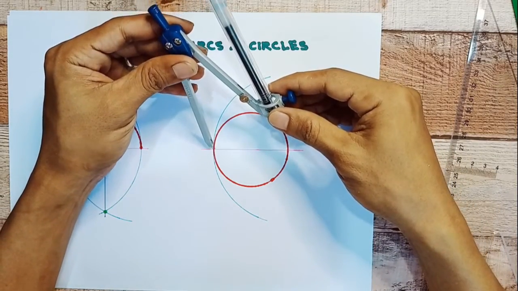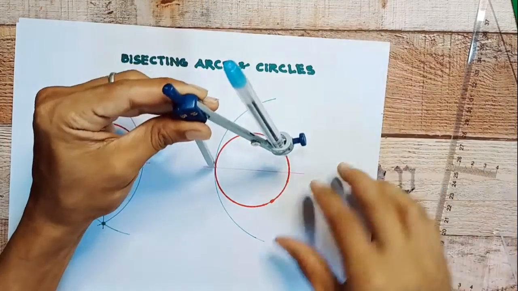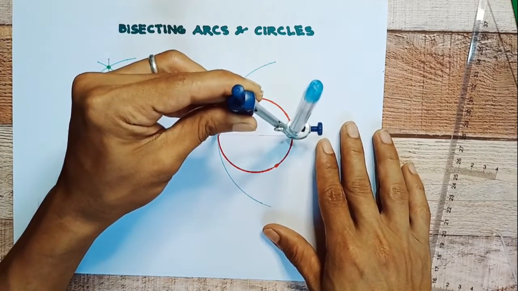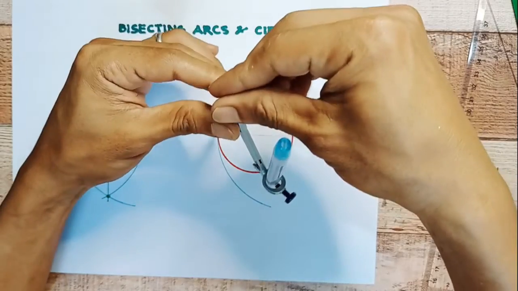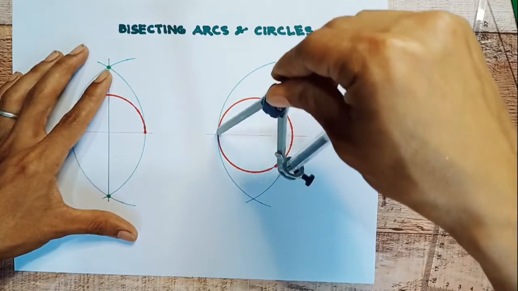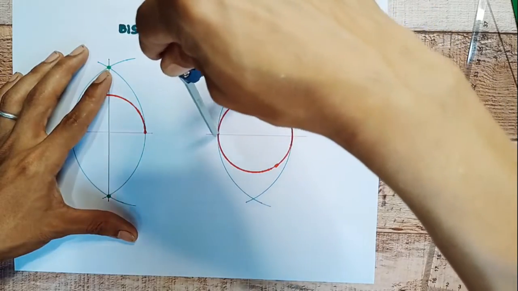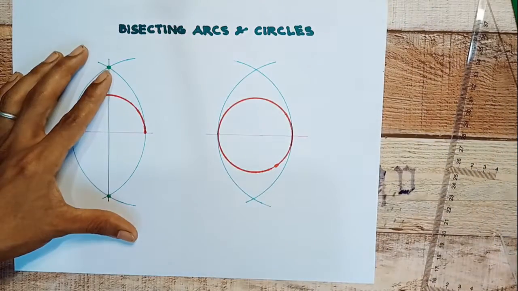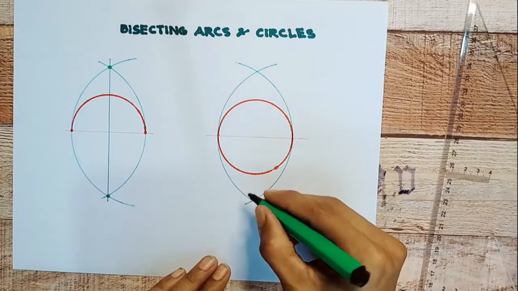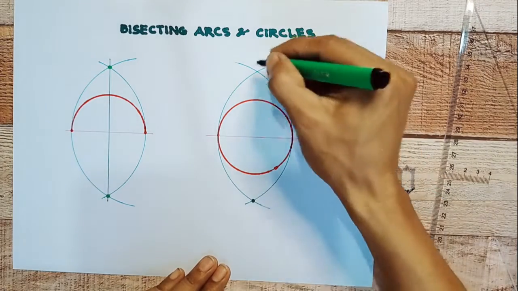Then this time on this side. There. Now we have the points of intersection. That's 1. That's 2. Then we bisect our circle.